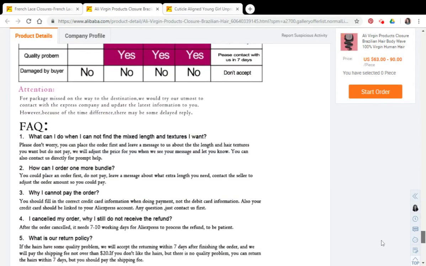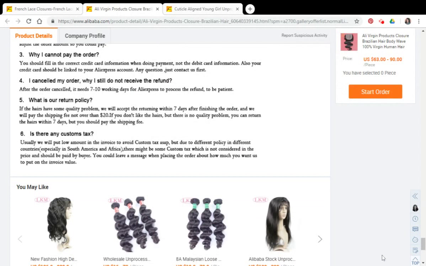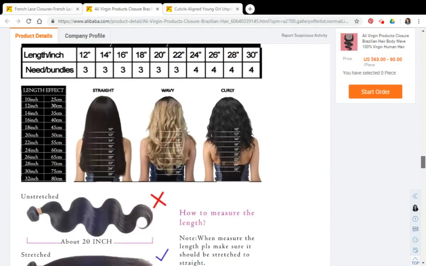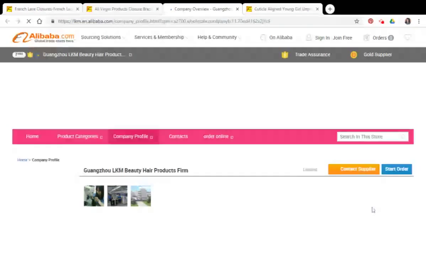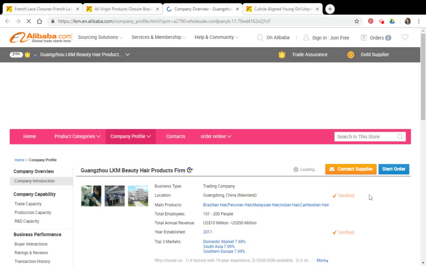But what I really want to see is if it is a manufacturer. So if it doesn't say it up here, you can go to their profile. So they're actually a trading company.